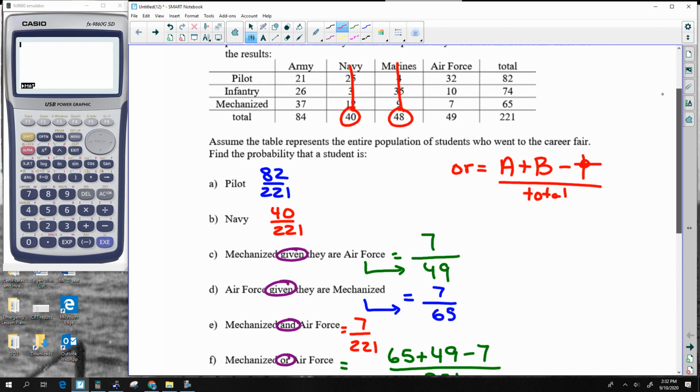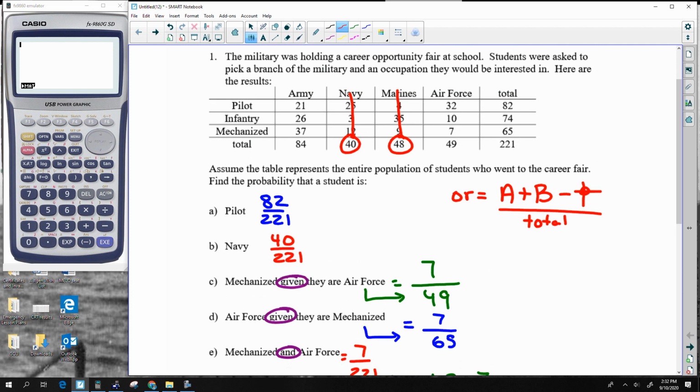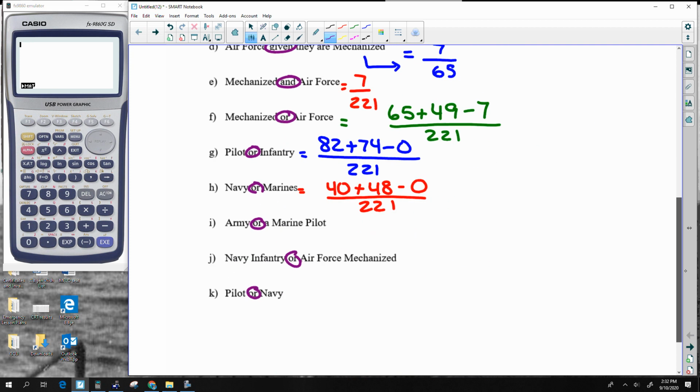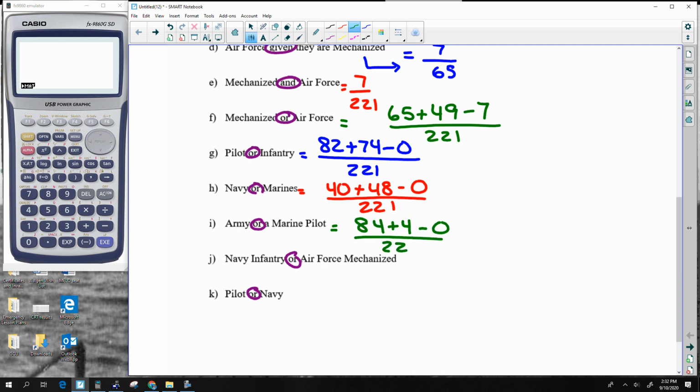Army or Marine pilot. Here is where we get a little bit tricky. Army, Marine pilots are just very specifically that, 4. Those are the only Marine pilots. So Army or Marine pilots would be 84 and 4, and again there's no intersections.